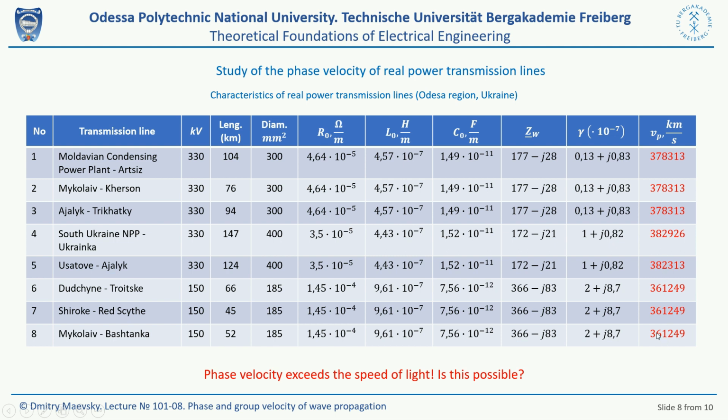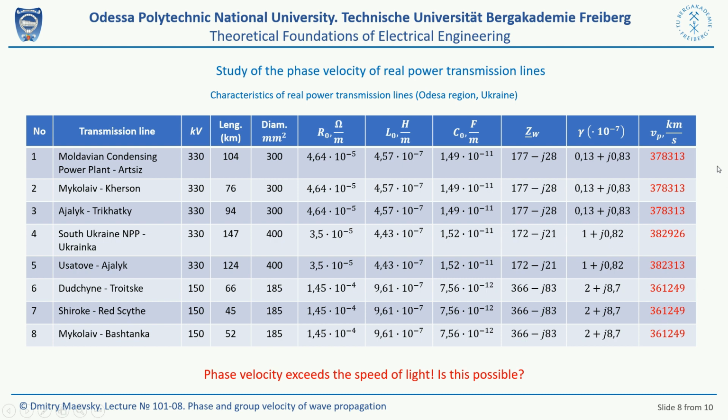In all cases, 340 radians per second are taken as the angular frequency omega, which corresponds to the industrial frequency of 50 Hz.